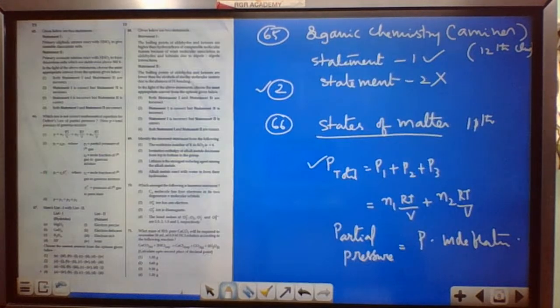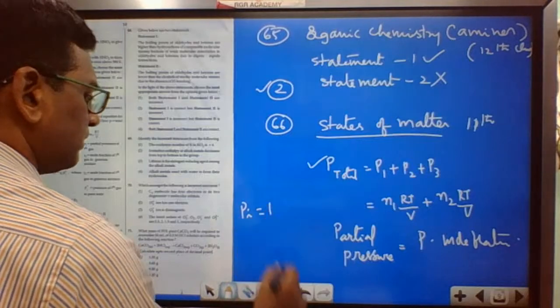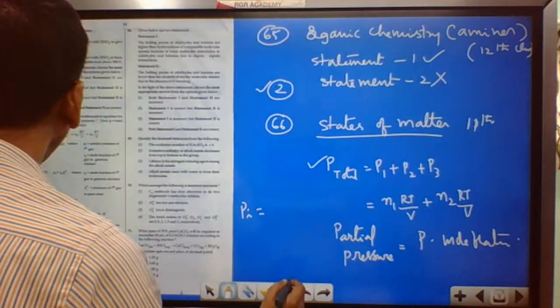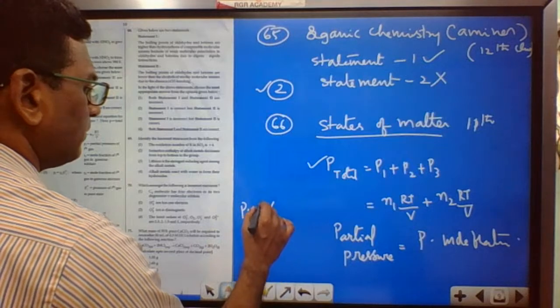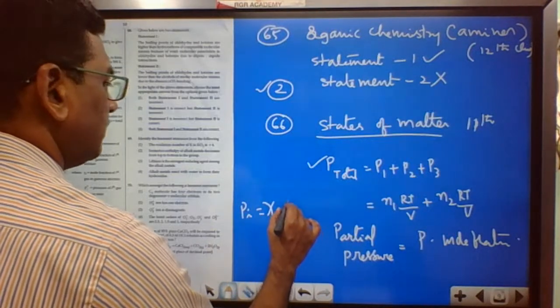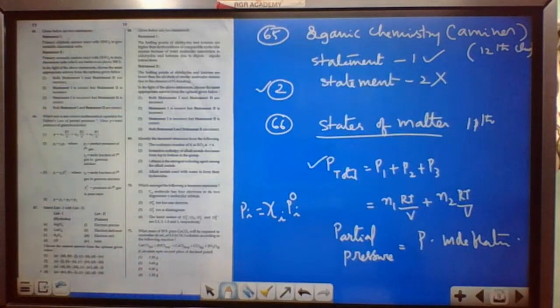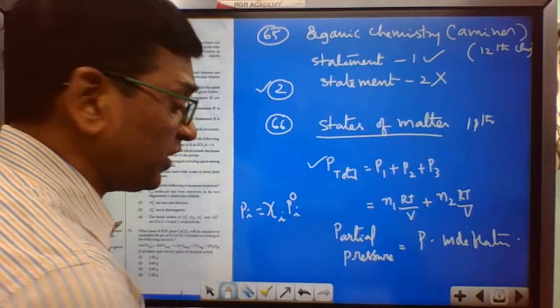The third one they gave: Pi is equal to mole fraction into pressure of the gas in a pure state.